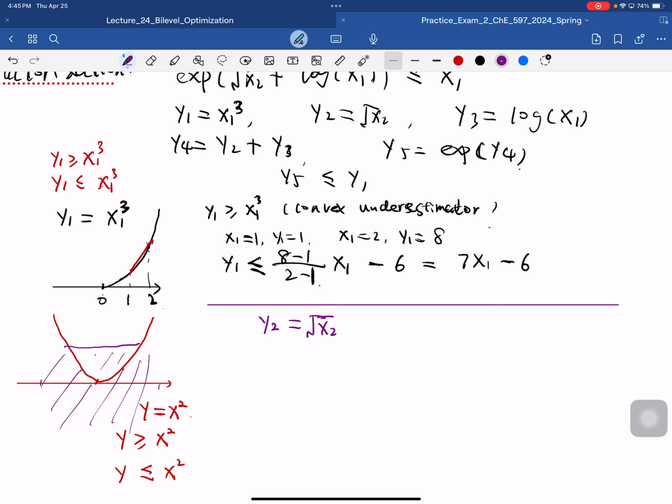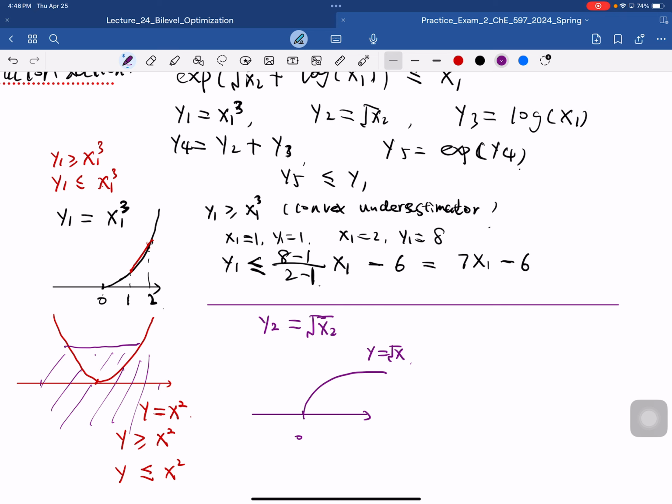The square root of x2 is a concave function, right? So how does it look like? It looks something like this is 0, then this function looks something like that, right? So this is a concave function. Then the overestimator of this function is actually convex, right? But the underestimator is not.